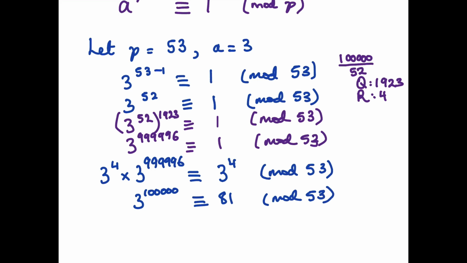Is there any way of simplifying the right-hand side? Well, yes. The right-hand side is equivalent to just saying 28 mod 53. Please take a few seconds to validate that. And then our left-hand side will be exactly the same.